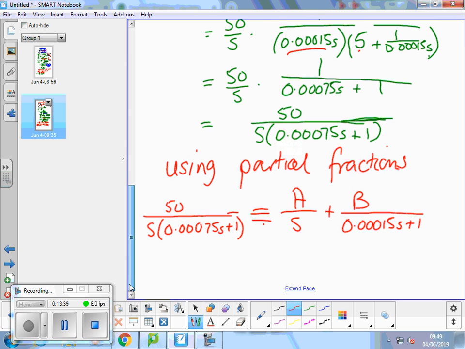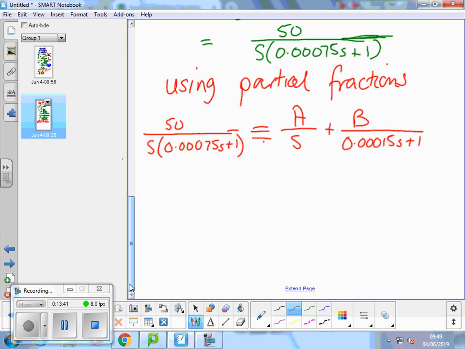So what's the next thing in partial fractions then? What do you need to do to this side so we can solve it? Put the right-hand side over the common denominator.